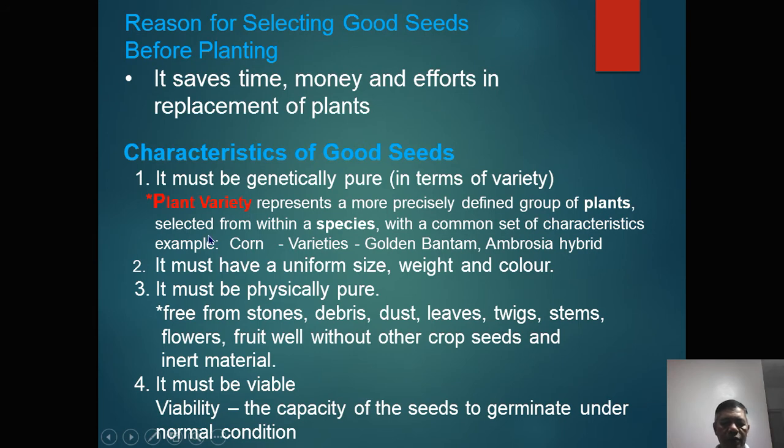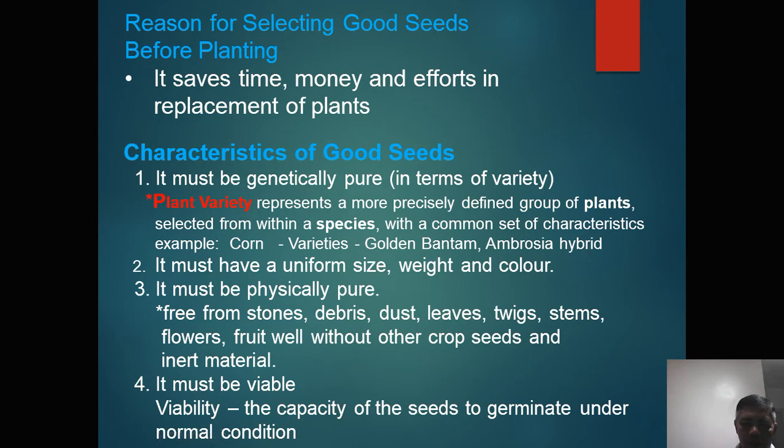Example of this is corn. Then the varieties of corn, several, let's say, subnames or subspecies. We have golden bantam, ambrosia, and hybrid.